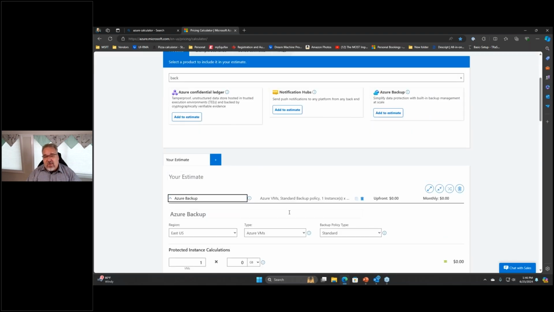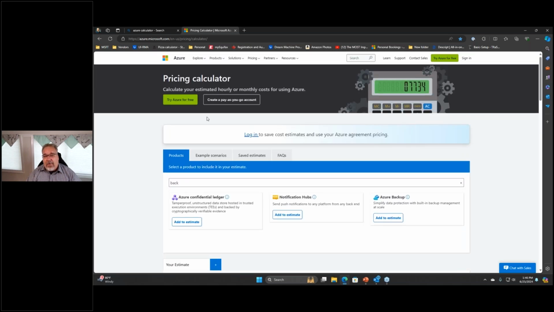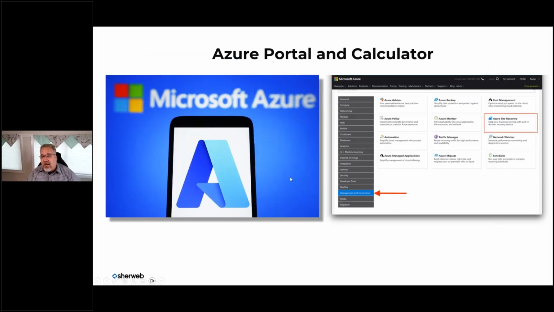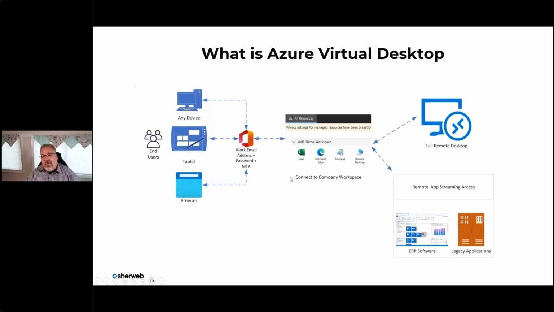And each one of these would set up different sections within the calculator. Let me go back here. AVD, very important. AVD is a new hot topic here at Azure on Microsoft.